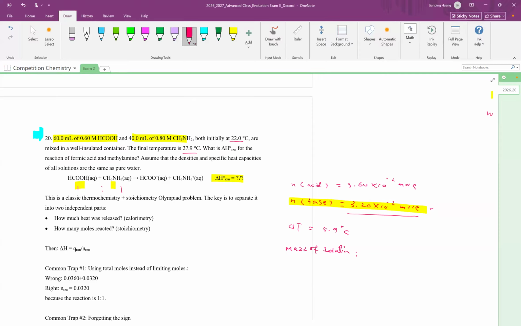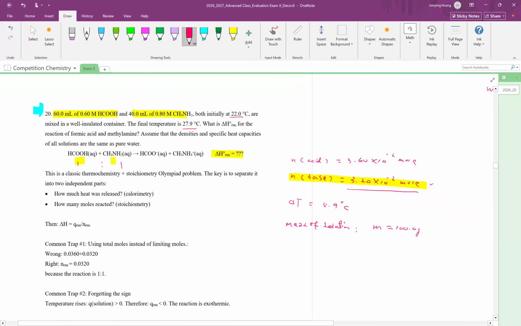So here is 60 mL. Here is 60 mL. Now we treat the density as 1, so the mass equals 100 gram. And the reason I do this one, I'm going to calculate the Q solution. Equal what? Equal to m c delta T.